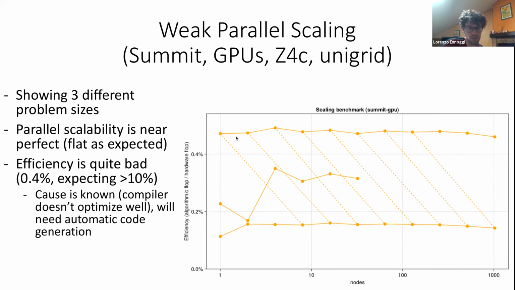So the curve is flat, as you would expect. That's really good. However, the efficiency is not that good because we were expecting more than 10% efficiency, while we get around 0.something, depending on the problem size, 0.4.